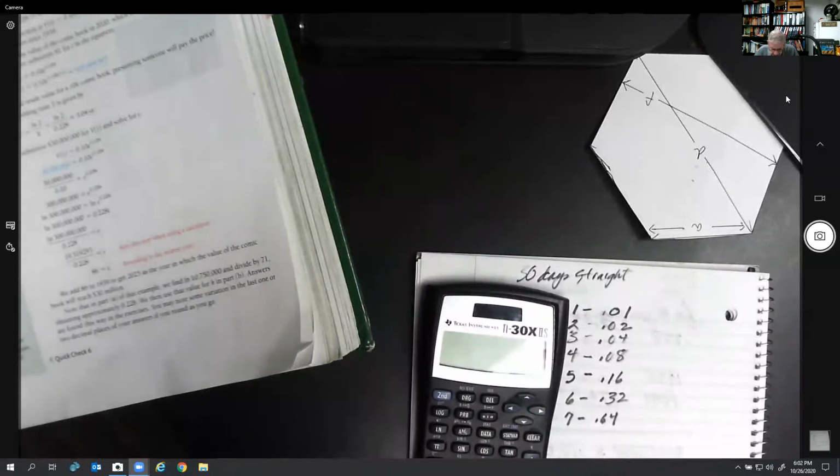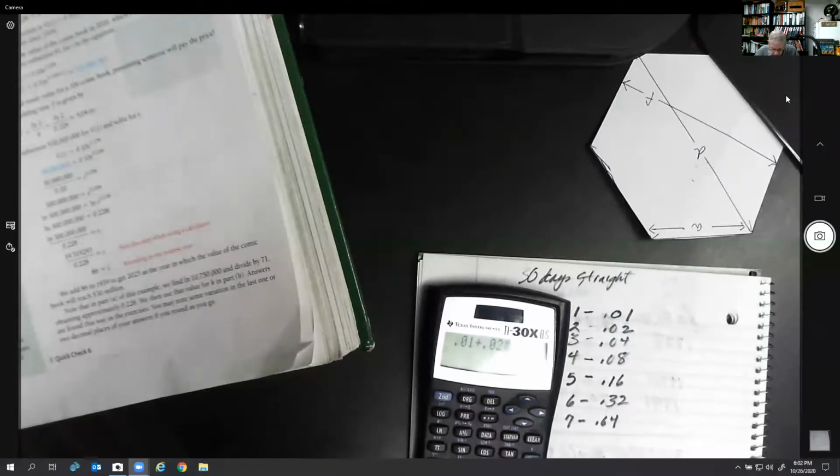Let's see how much money he has coming. 0.01 plus 0.02 plus 0.04 plus 0.08 plus 0.16. When you're doing this on your calculator it only takes so many digits, so you may have to add as you go. 0.64.